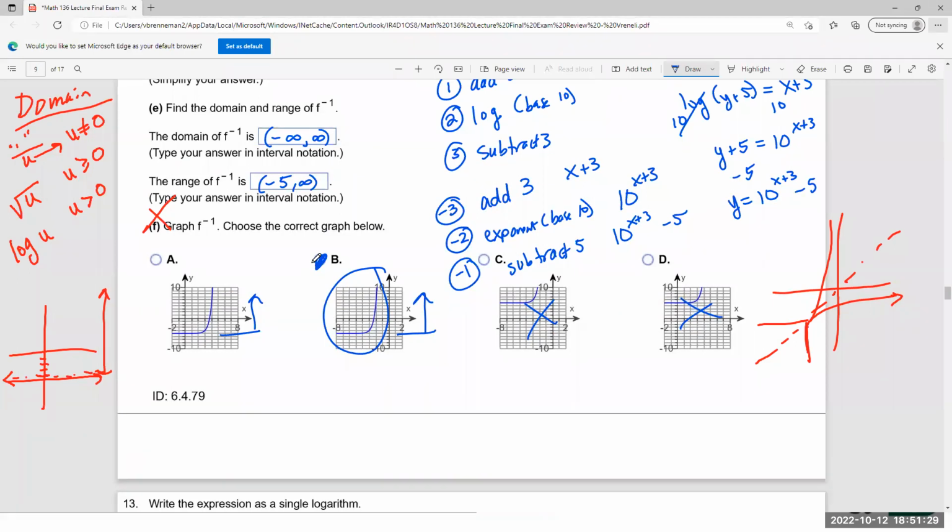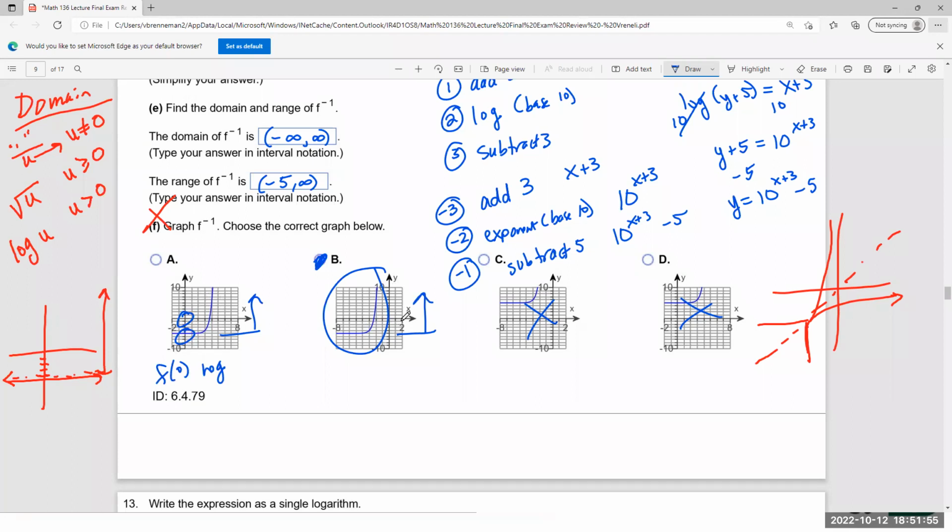If you're not sure, you could try plugging in a value for x. You don't have to be super detailed, but I can tell just figuring out positive or negative. So if I'm trying to pick between A and B, if I plug in even 0 for x, then I can tell on this graph it's going to be negative.